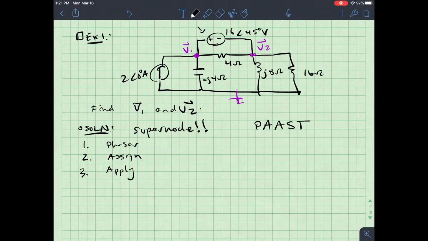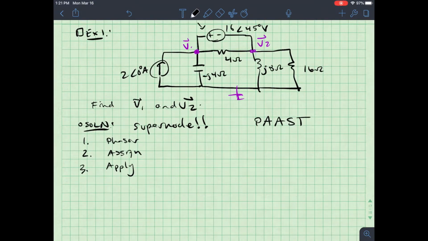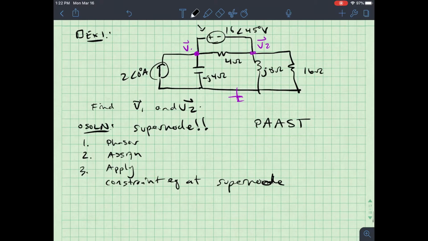All right. So in the apply step, normally I go node by node, but when I have a supernode, I have a couple of special rules. So the first is that I get a constraint equation at the supernode. All right, so I've got V1 minus V2 equals 16 angle 45 degrees.